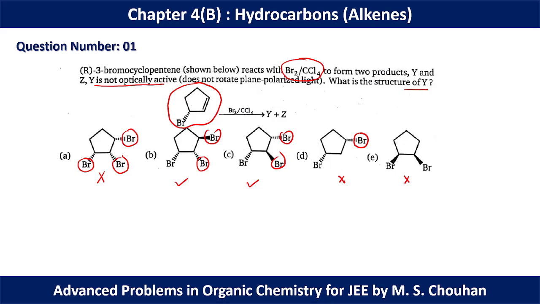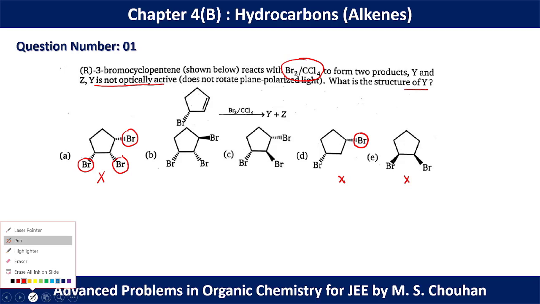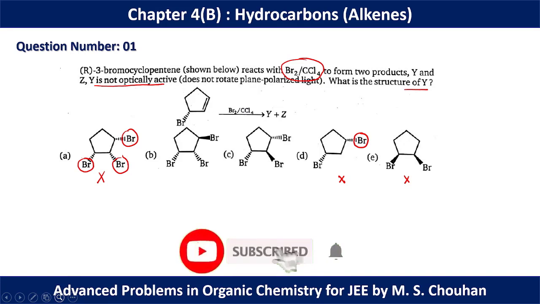bromine atoms. Now between B and C, we can check that Y is optically inactive. That's why you should have one plane of symmetry or point of symmetry present in the molecule. Here, point of symmetry is not possible for a 5-member ring, because a 5-member ring or any odd member ring does not contain any point of symmetry.